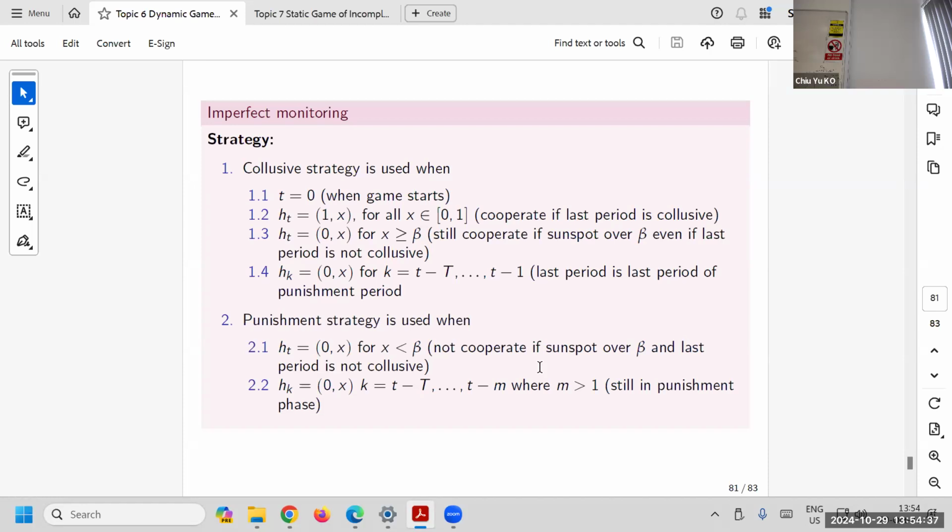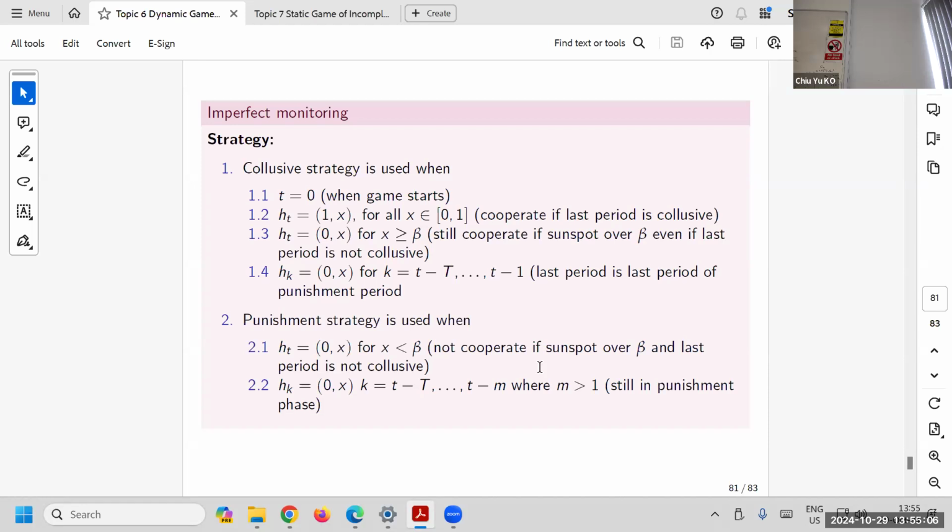1.3 says the following. If in the last period I get nothing, no profit, I don't know whether it's the other guy cheating or a bad thing happened. I don't know. But if the sky is bright, which is X bigger than beta, or the God forgives him, the God said, okay, he's fine, he's not cheating.